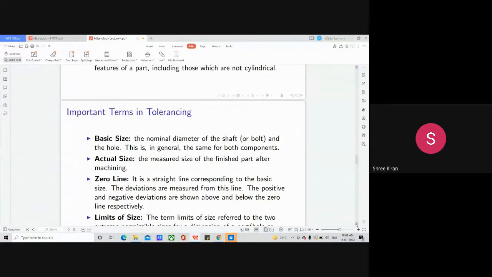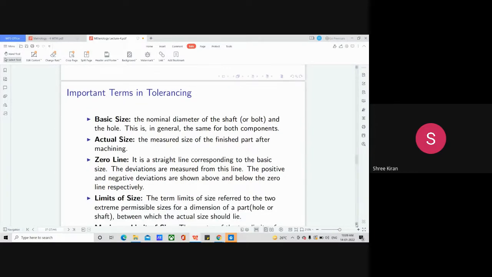The positive and negative deviations are shown above and below the zero line respectively.